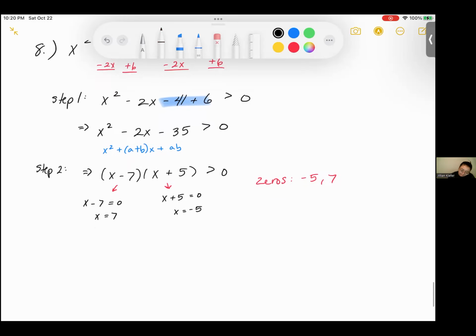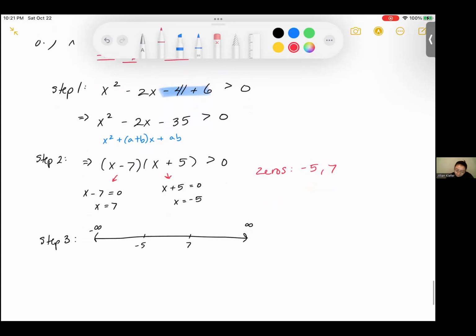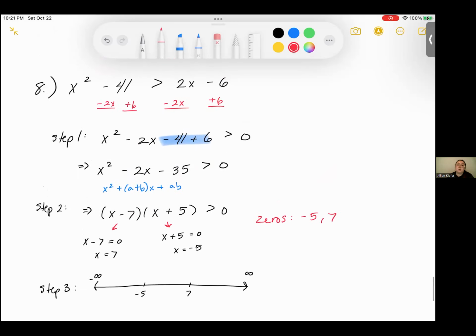Now in your guidelines for solving polynomial inequalities, at step 3 you want to find the intervals. Finding the intervals is always handy when you draw out your number line. You draw your number line and put the values negative 5 and 7. We look at our problem and see that our inequality is strict. It is strictly greater than, meaning it cannot be equal to the values of the zeros.